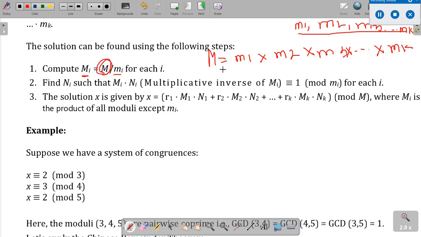And if we want to find the Mi for this number, then we divide this m by this mi. So to get Mi, we multiply all these numbers except this mi.